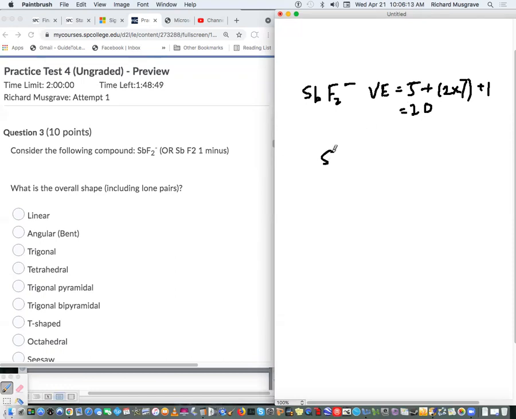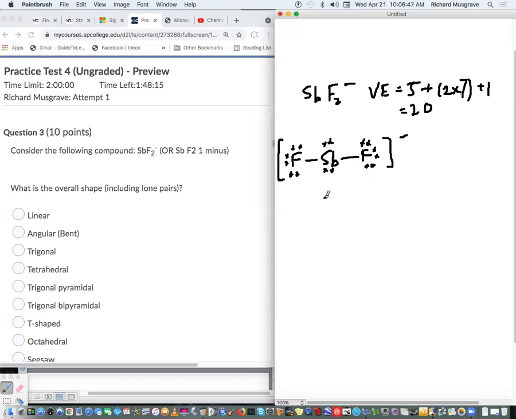So when I do the structure here, I do SbF2 minus. I do F2 here. Now that uses up 16, which means we've got 2 more lone pairs here for a total of 4. So that would be 20. So the Lewis structure looks like this for SbF2 minus.